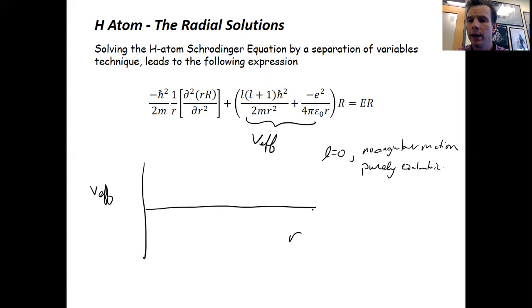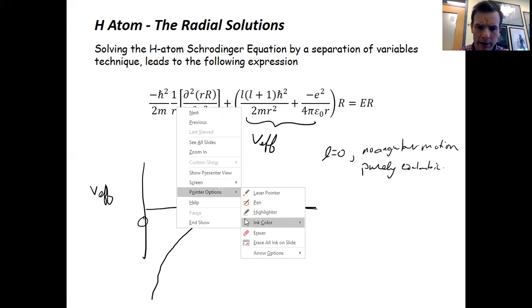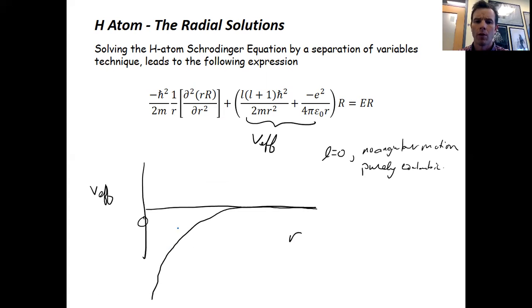At r equals infinity, it's going to be 0. And notice it has a negative. So as I approach 0, it's going to approach negative infinity. And here's what's important about that. What you might infer from this is that in this scenario, where L is equal to 0, the electron is going to hang out where the potential is the lowest, right? That is at the origin.